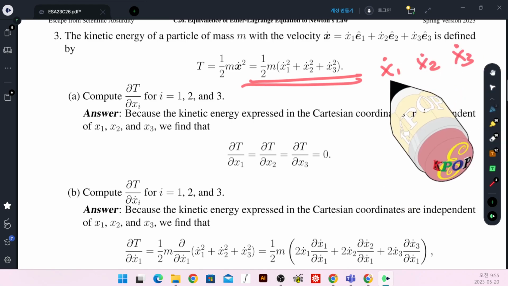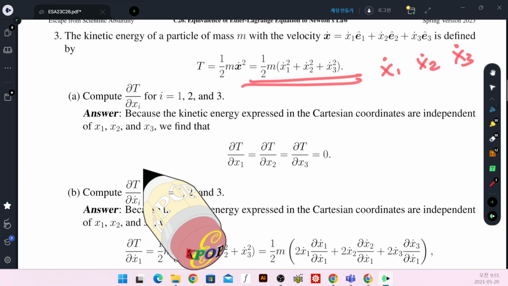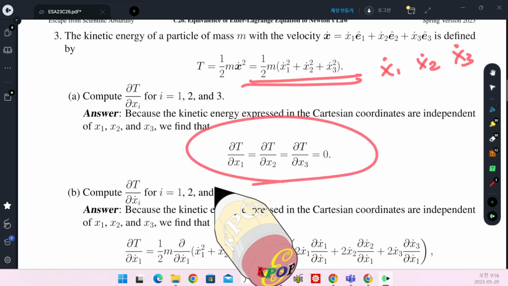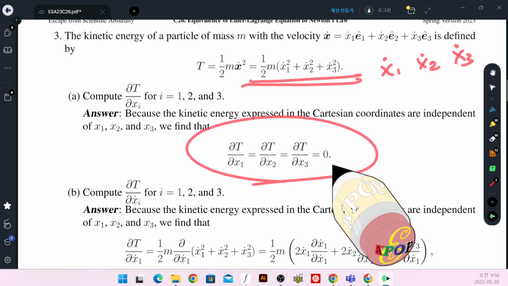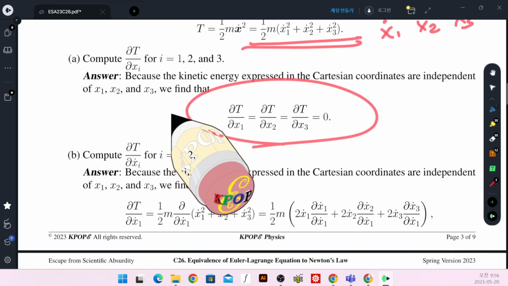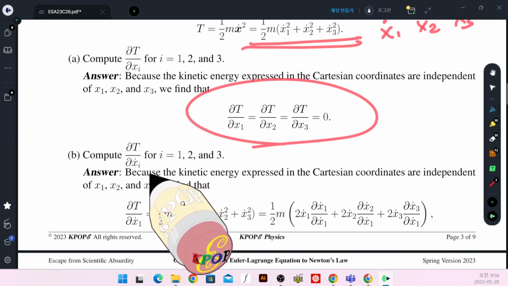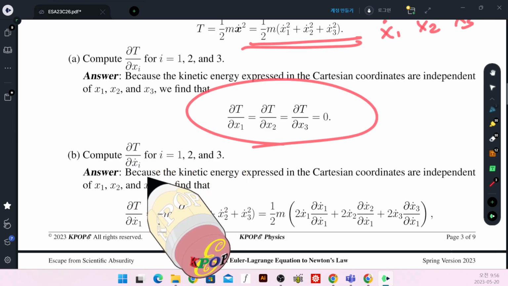So there is no explicit dependence on x, and all such derivatives vanish. Next, we consider the derivative of the kinetic energy with respect to the Cartesian components of velocity, x1 dot, x2 dot, and x3 dot.